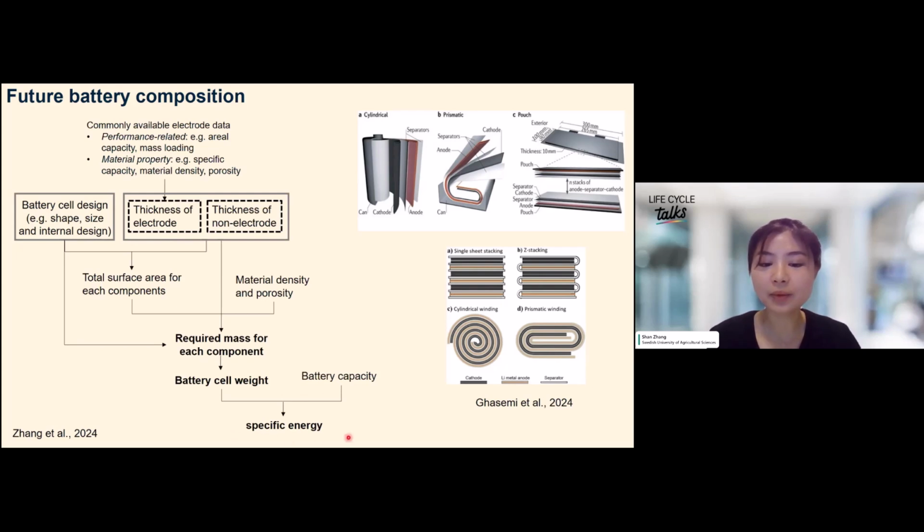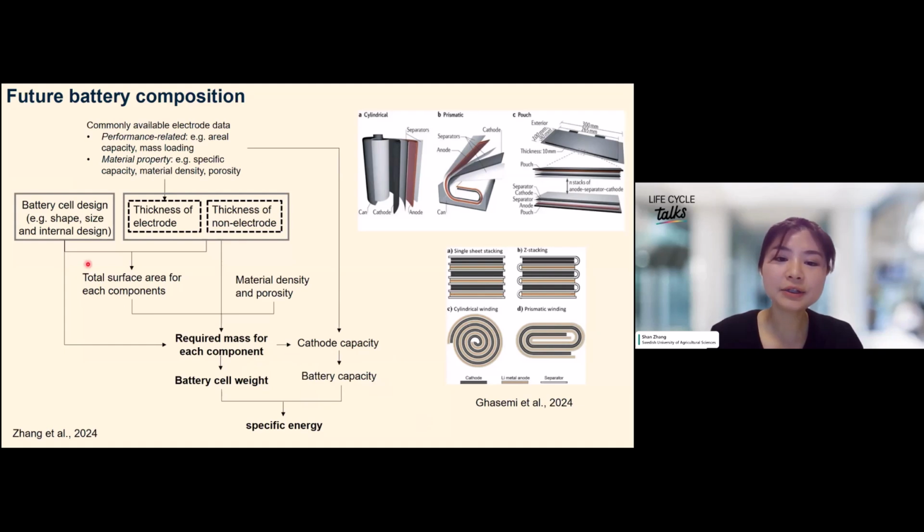The next step, we can calculate the battery specific energy by multiplying the battery weight, battery capacity, and the battery voltage. So how do we calculate the battery capacity? For simplicity, we can assume it is identical to the cathode capacity, which can be calculated from the amount of cathode active material and the cathode material specific capacity.